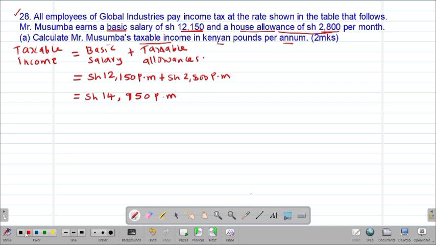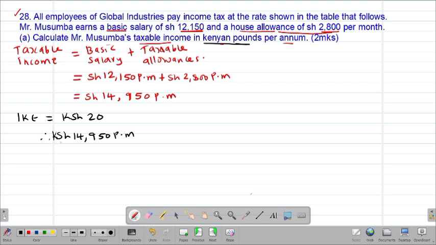But the question wanted us to get the taxable income in Kenyan pounds. Now we know that 1 Kenyan pound is always equivalent to 20 Kenya shillings. So we ask ourselves, what about the Kenya shillings of 14,950 per month?